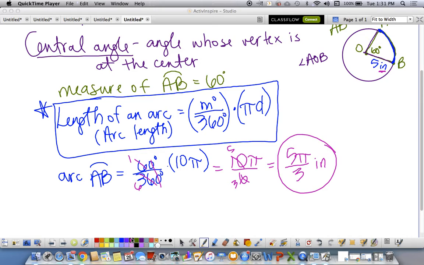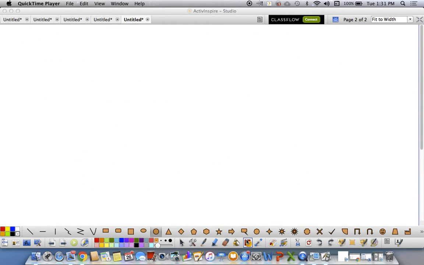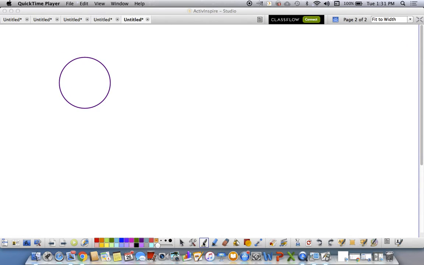Okay, so let's do another one. Find the length of an arc with a measure of 75 degrees in a circle with a radius of 4 feet.